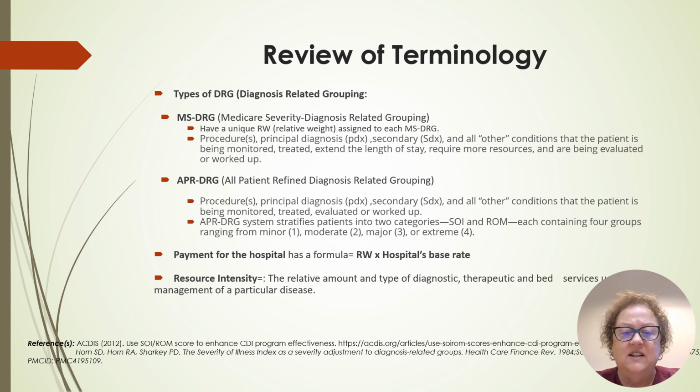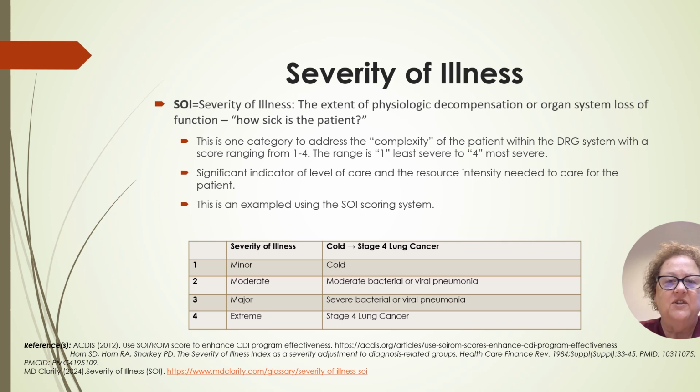Resource intensity is the relative amount of type of diagnostic and therapeutic and bed services used to manage a particular disease. And then I'm also going to walk you through the severity of illness classification that is used for the assignment of APDRG. So we'll take an example of a patient with a cold. That is classification 1, which is severity of illness minor, and a cold is minor.